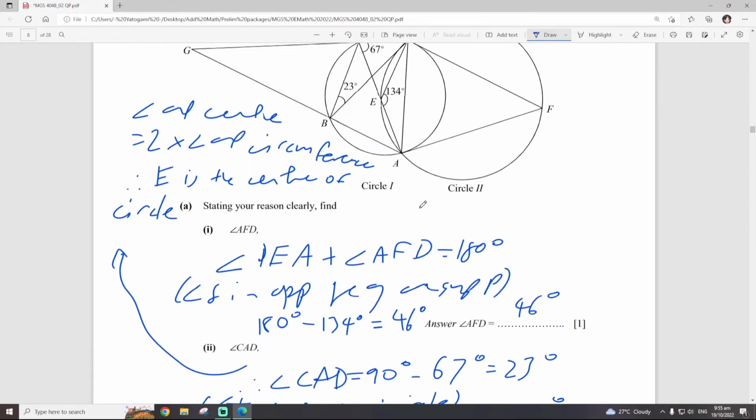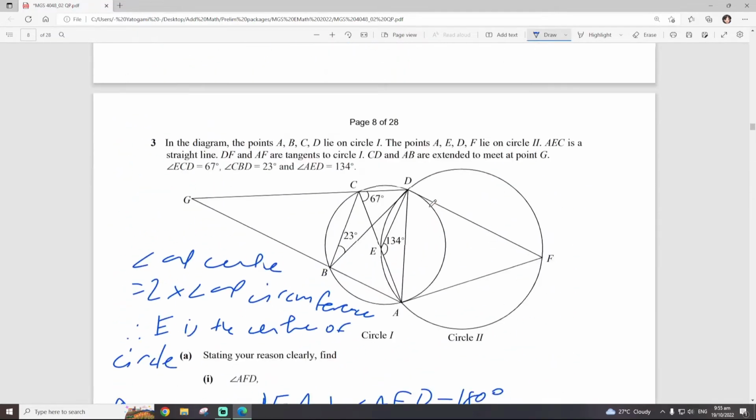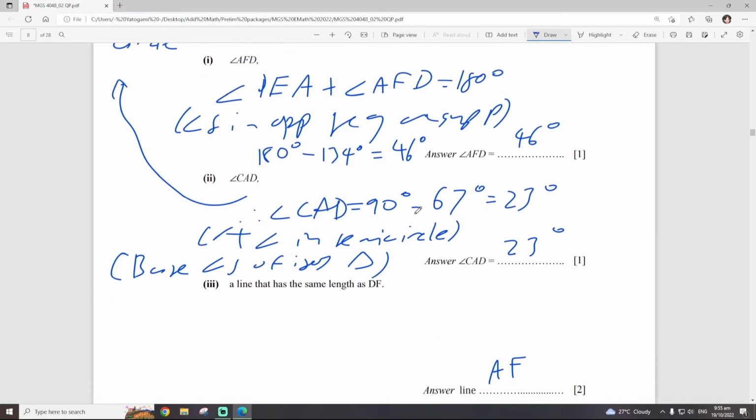Why is this, I don't understand why this is 2 marks and the rest is 1 mark, but never mind. AF, tangents from external point are equal. Are equal in length.